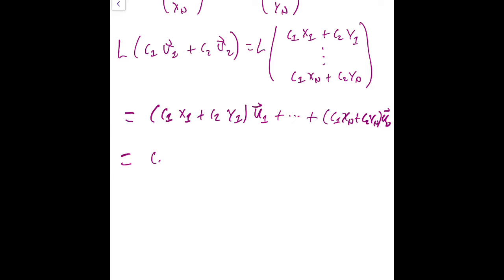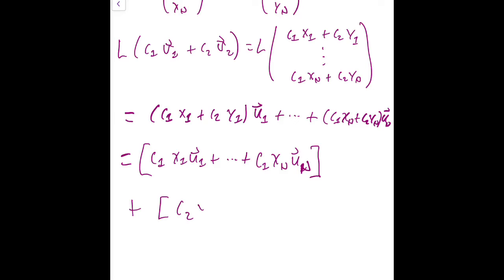So this is just c1 x1 u1 plus plus c1 xn un plus c2 y1 u1 plus plus c2 yn un.